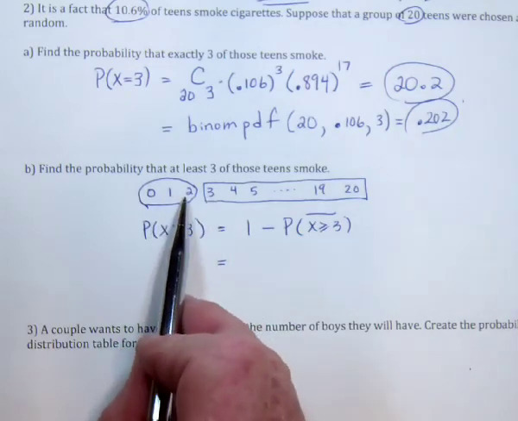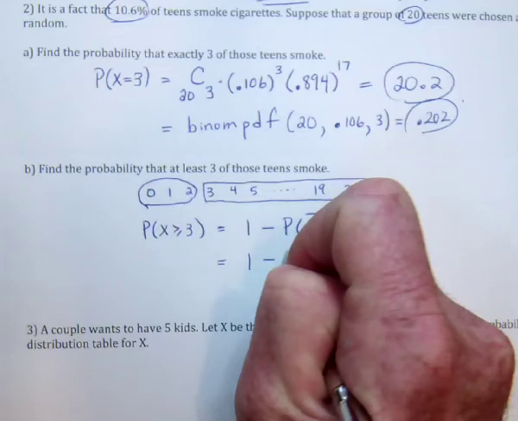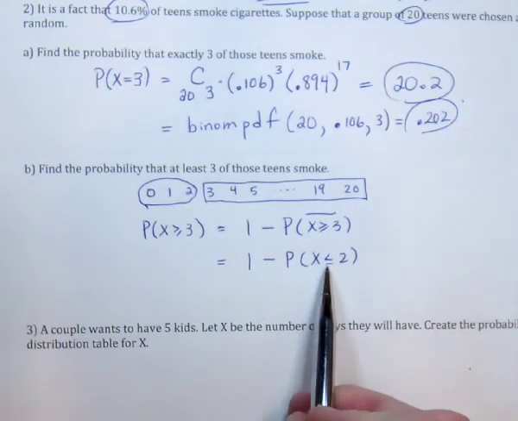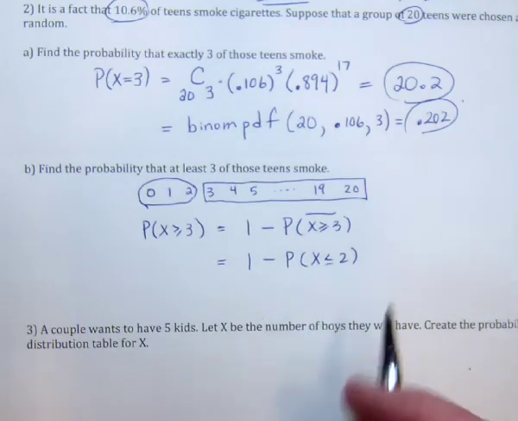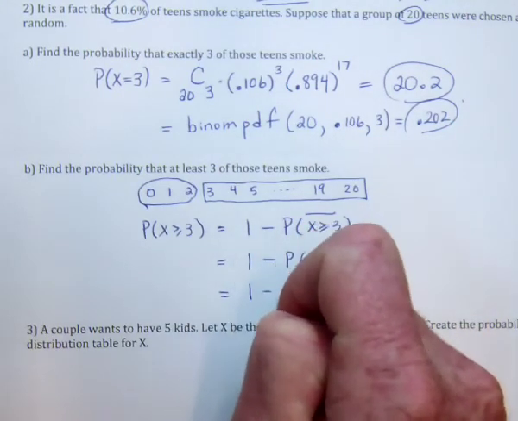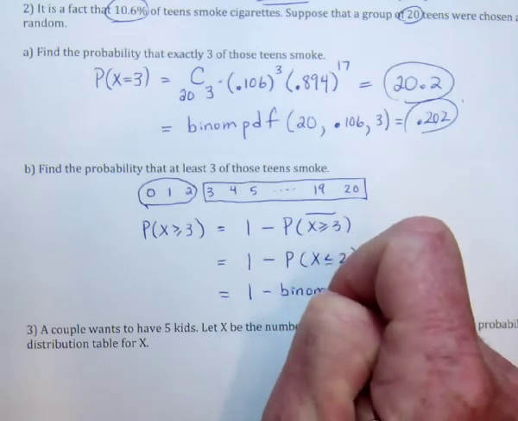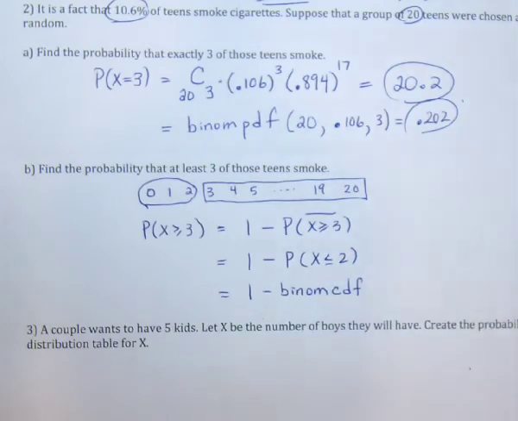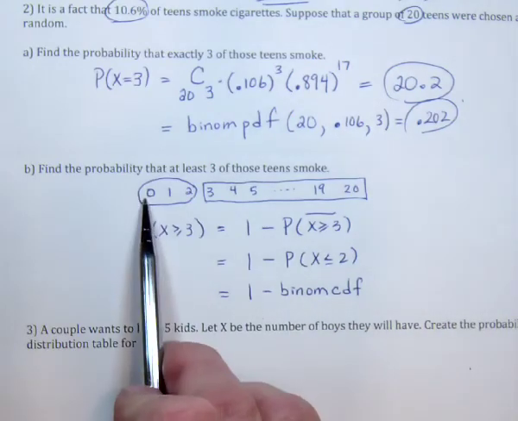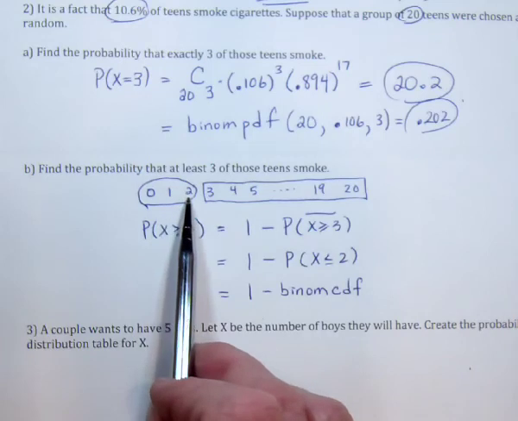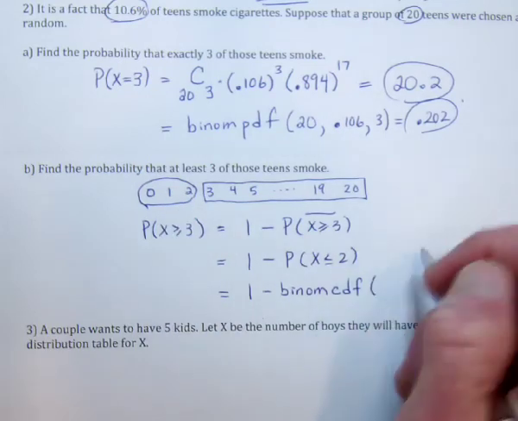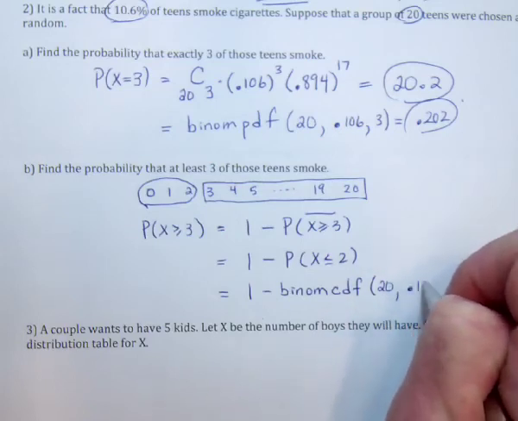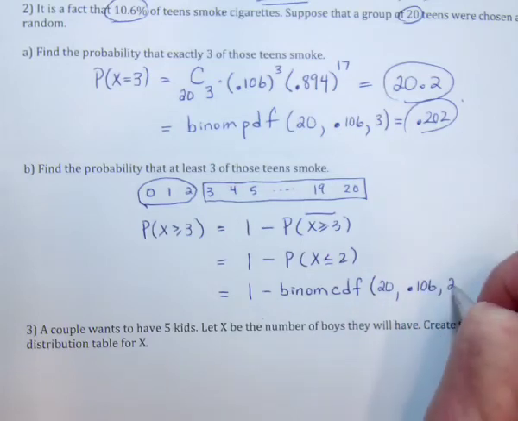That means it's less than or equal to 2. And then for less than and equal, the calculator does have that. That is done with binomial. Instead of it being PDF, it's CDF. And the C stands for cumulative. In other words, start at 0 and accumulate values all the way up to 2. So then you just have to tell it that n, which is 20 people, the p, which is still 0.106, and then add up all the way till 2.